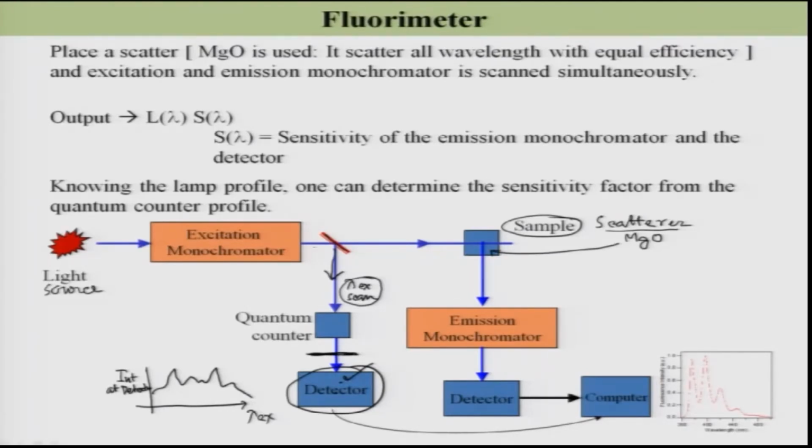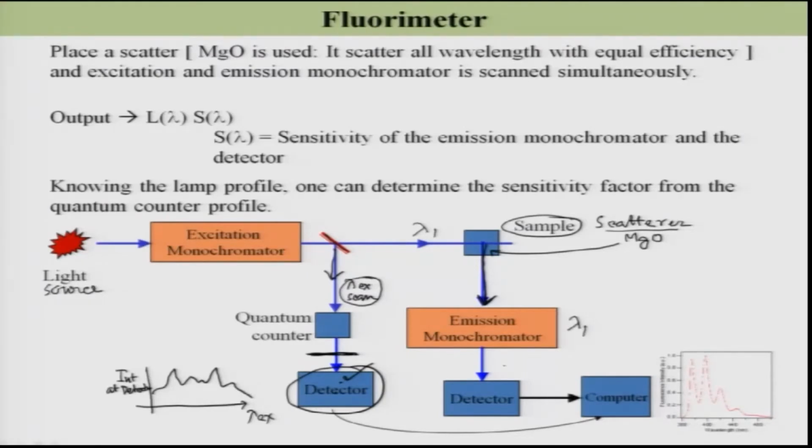When this excitation light falls on the scatterer, the scattering takes place in almost all directions, and the scattering intensity will also come in this direction. That means, if I set the wavelength of excitation as lambda 1, I only get the signal in the detector when the emission monochromator is also set at lambda 1.